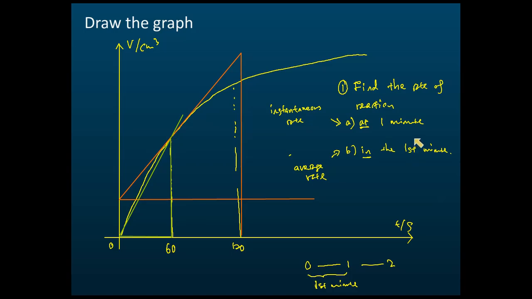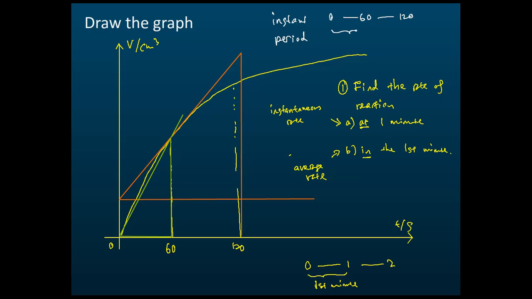Now, do you know the difference between at 1 minute and in the first minute? You need to know the difference between an instant and a period. For example, 0 seconds, 60 seconds, 120 seconds. At 0 seconds, or exactly at 60 seconds, that's an instant.